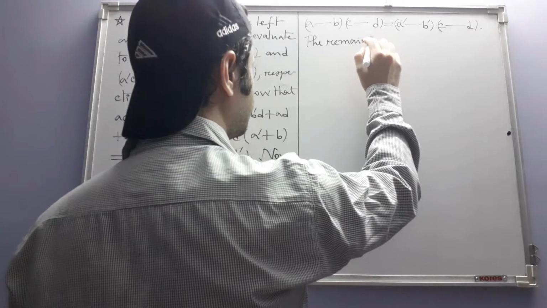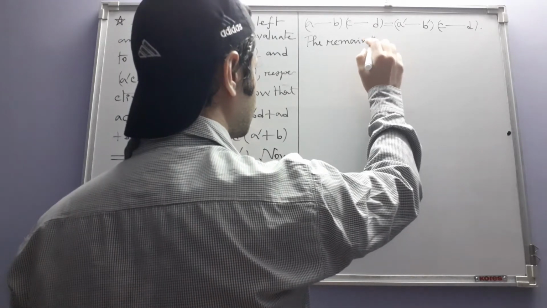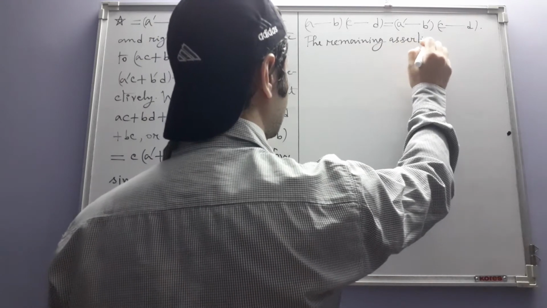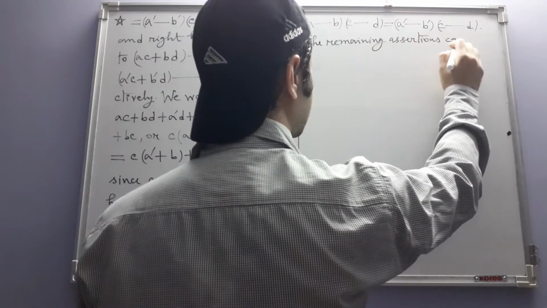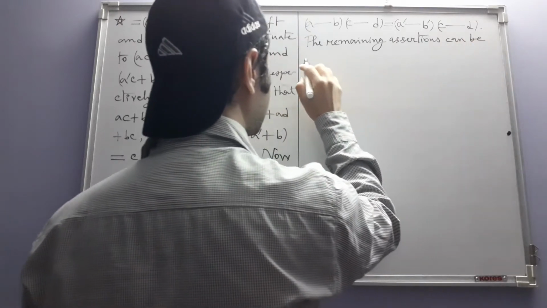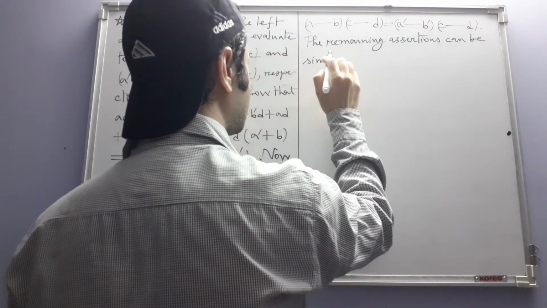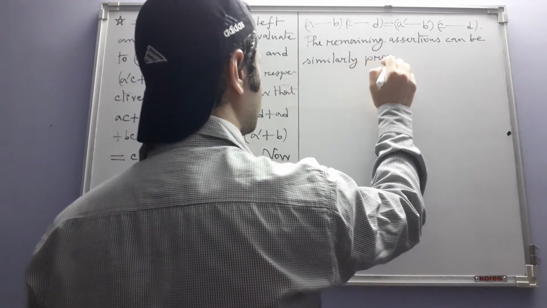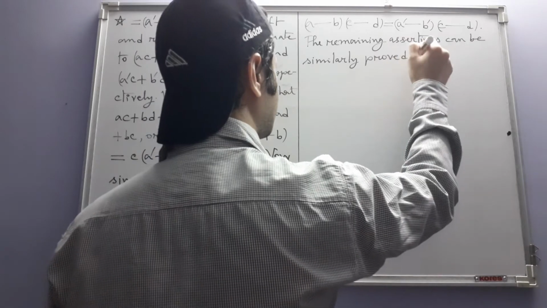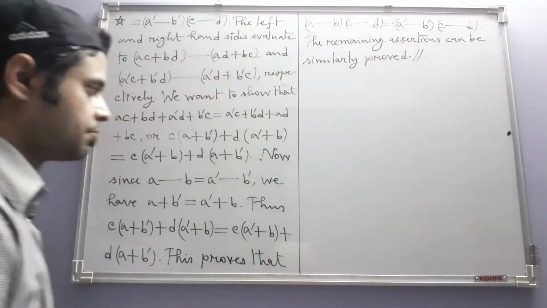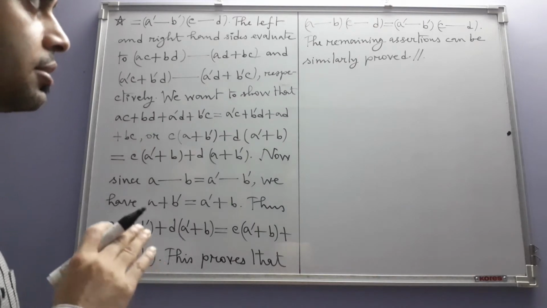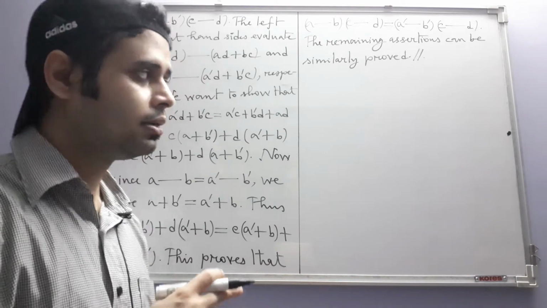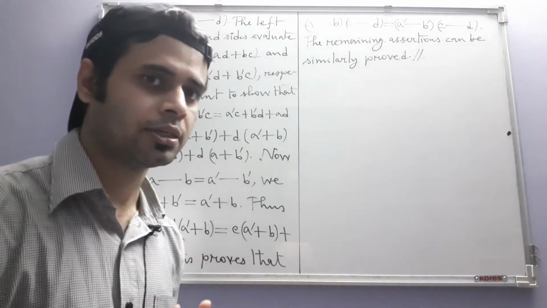The remaining assertions can be similarly proved, and this completes the proof of our result, which says that addition and multiplication of integers that we have defined are now actually well-defined operations.